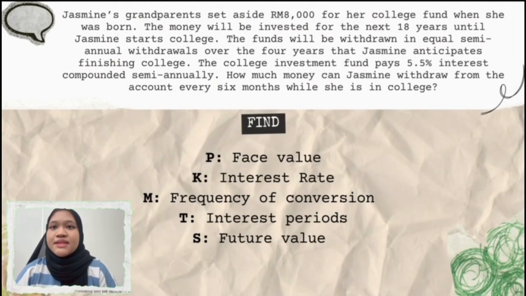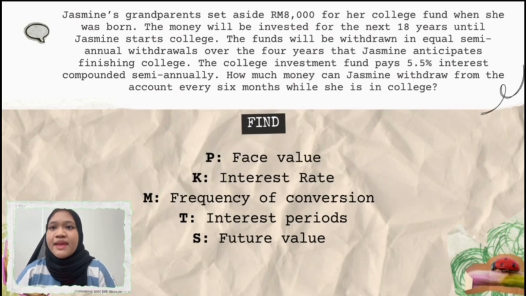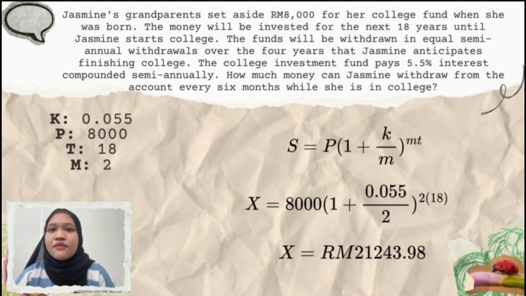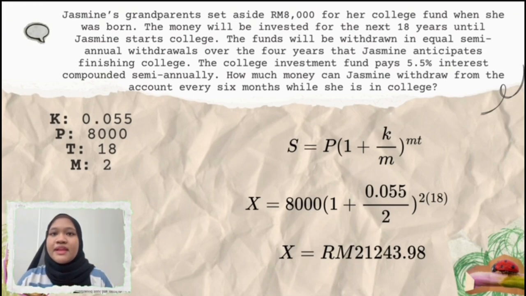To answer the question, we have to find the P, K, M, T, and S first. For this question, the P is 8,000, K is 0.055, M is 2, and T is 18. Now we have to find the amount at the end of 18 years. Use the compound interest formula.